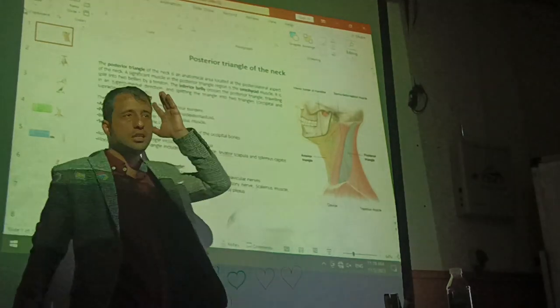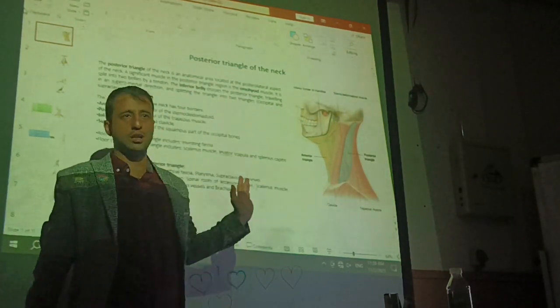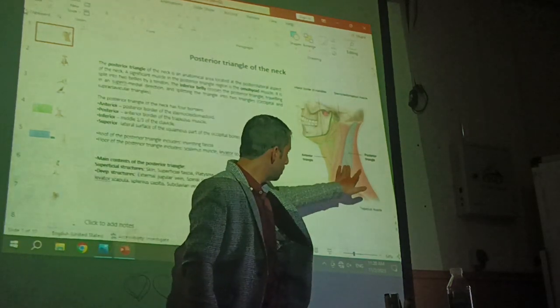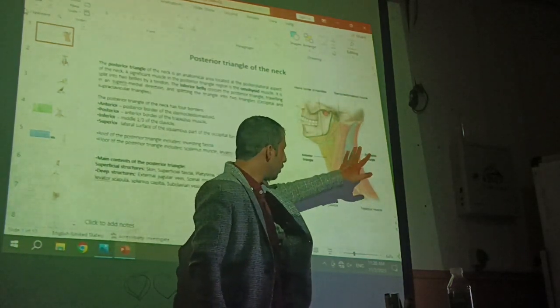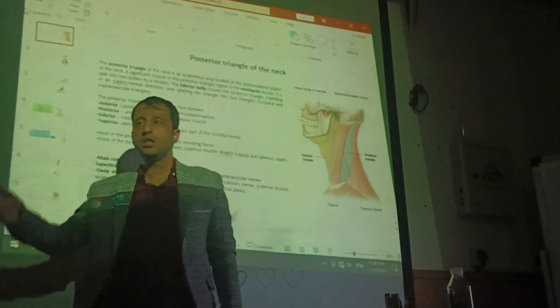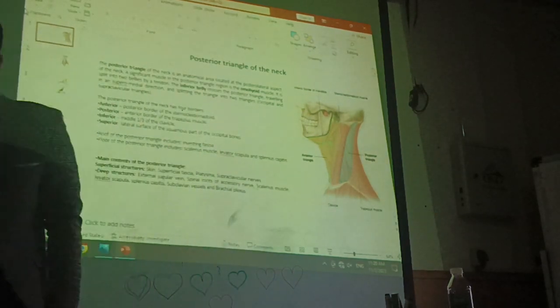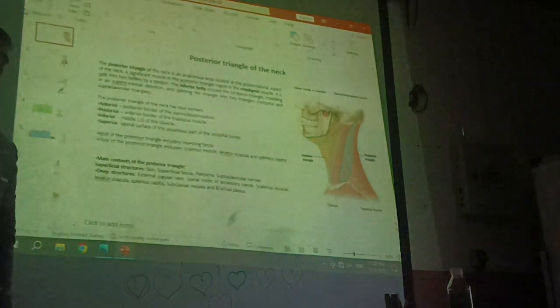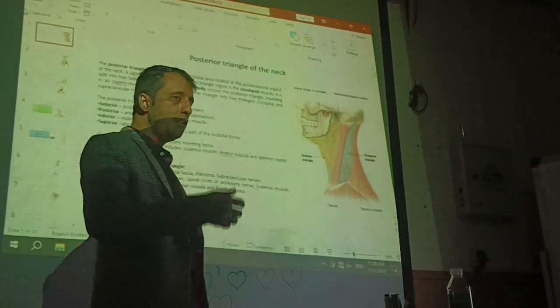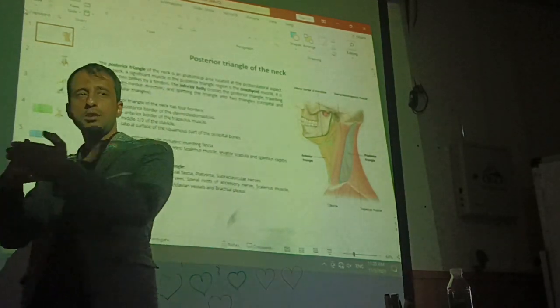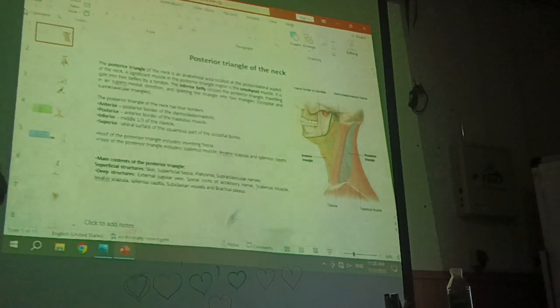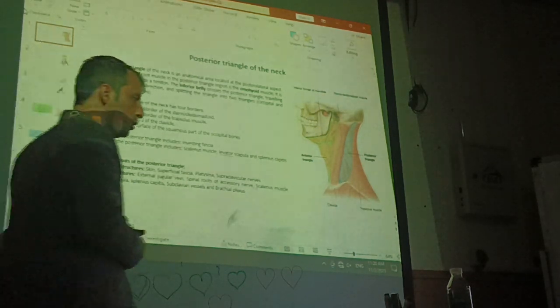The investing fascia is the roof of the posterior triangle. The floor of the posterior triangle is made of muscles: the scalenus muscles, splenius capitis, and between splenius capitis and the scalenus muscles we have levator scapulae.